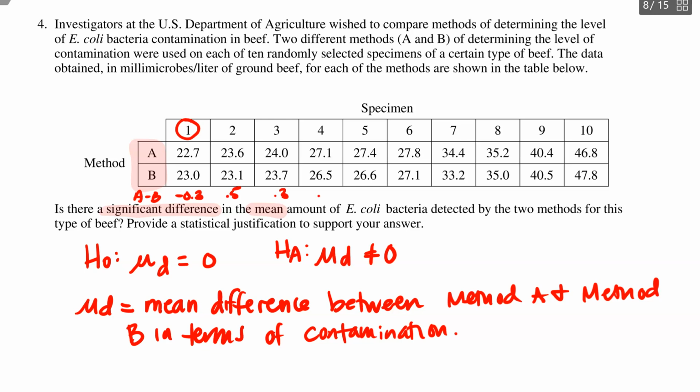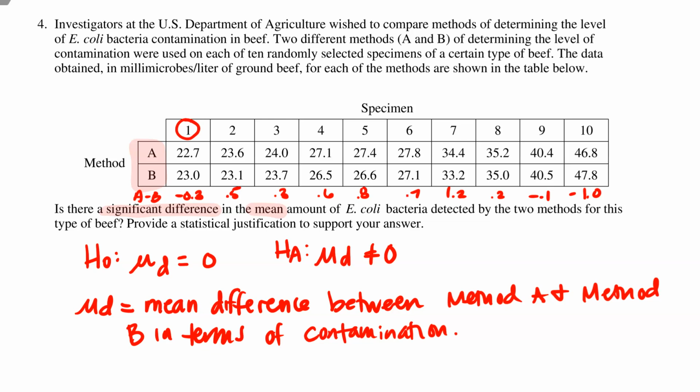I can't do this math in my head right now, but you guys hopefully can see where I'm going here. It looks like typically method A is giving higher values than method B, though there are a couple of exceptions, right? But for the most part, method A's value of contamination is higher than method B's, with specimens 1, 9, and 10 showing some sort of difference.